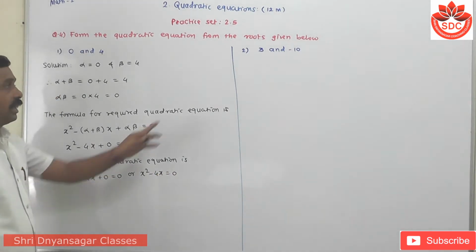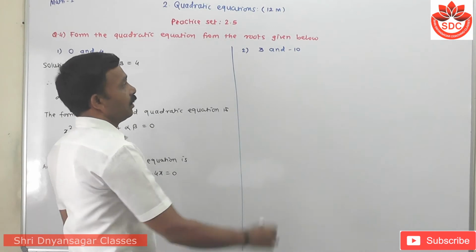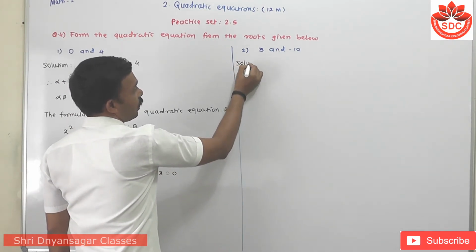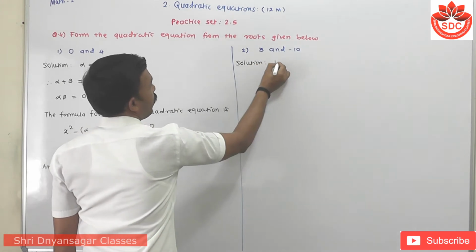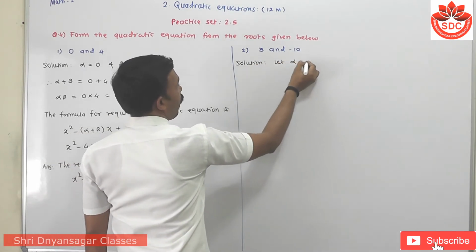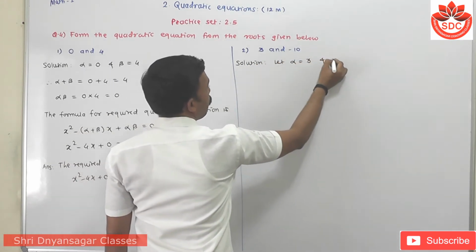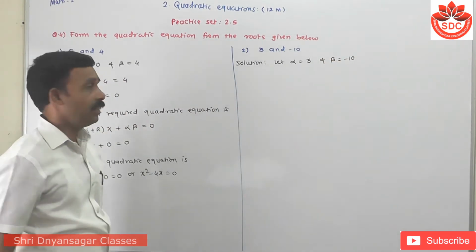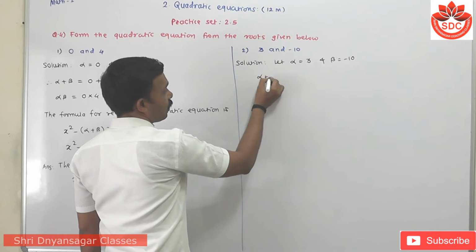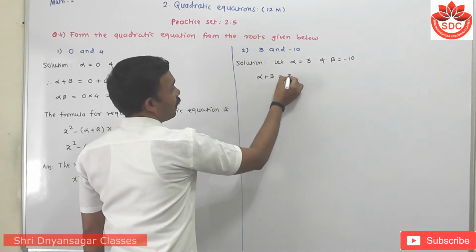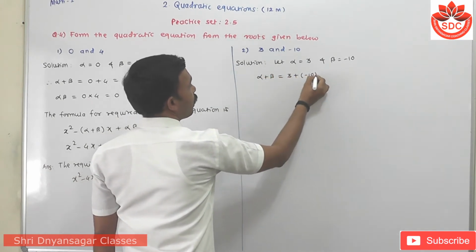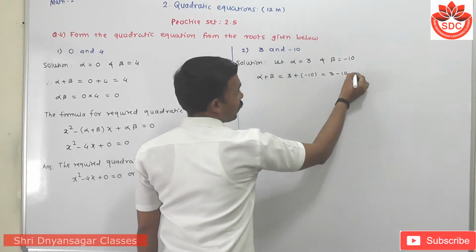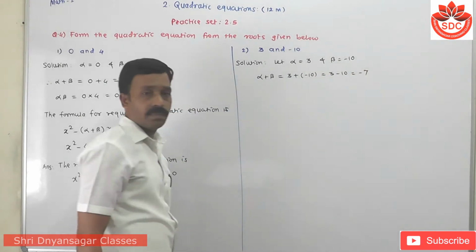Then we take the next question, second. The roots given are 3 and minus 2. So its solution is, let alpha be 3 and beta be minus 10. Then we find the sum of the roots, that is 3 plus minus 10, which is minus 7.